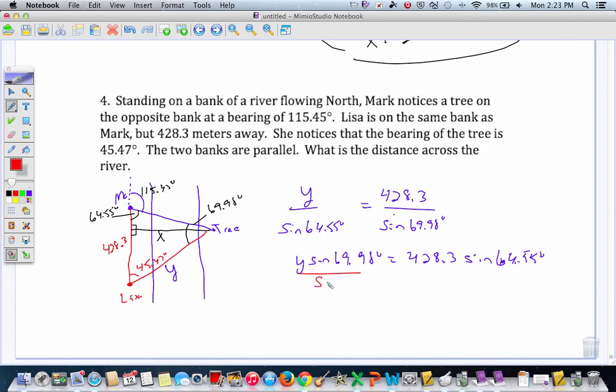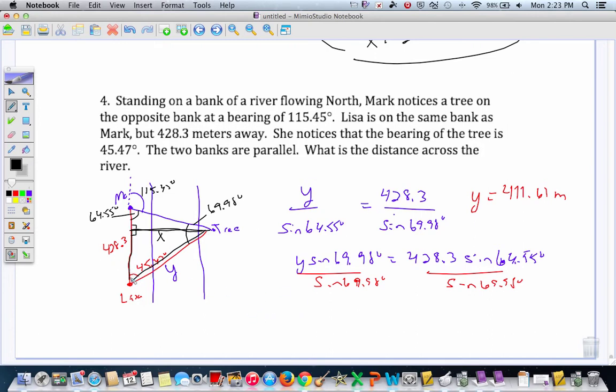I'll divide by the sine of 69.98. And we'll get, I'm going to put the information up here, side y is about 411.61 meters.